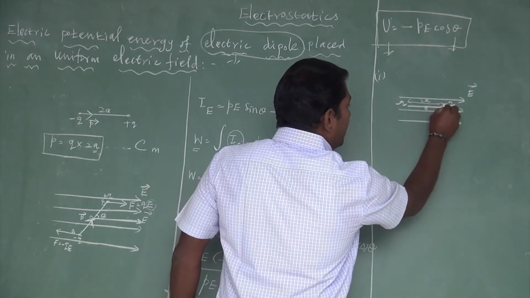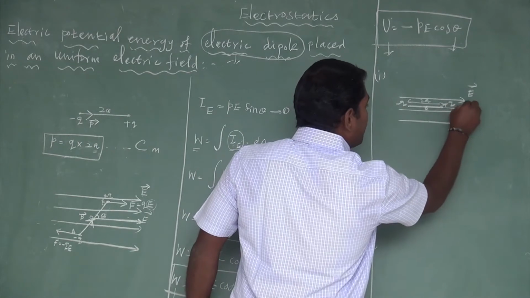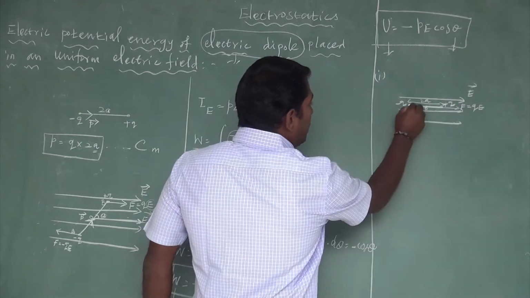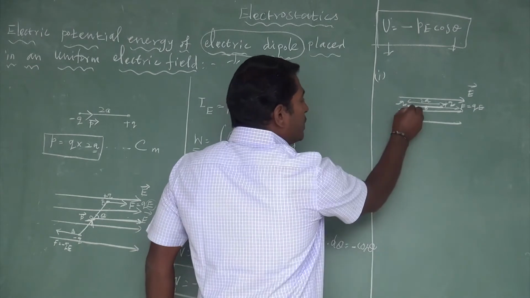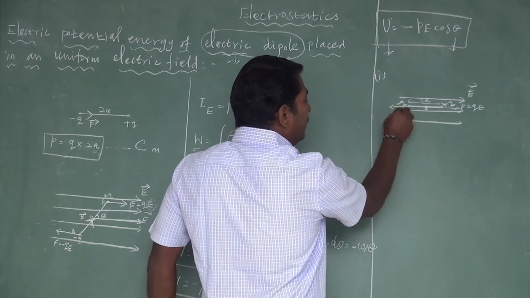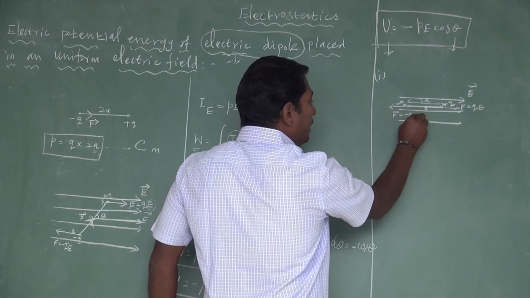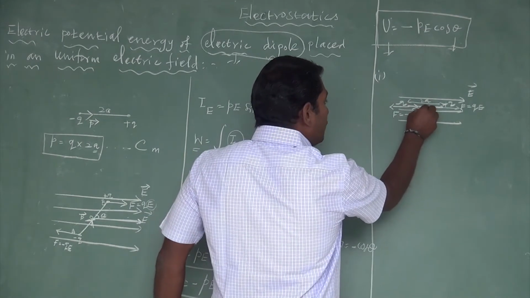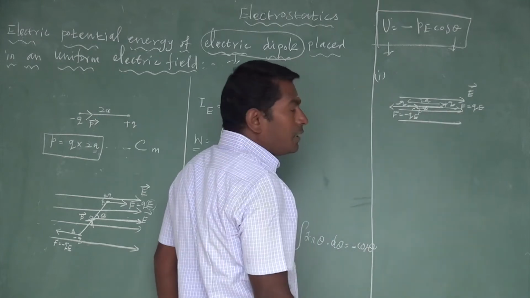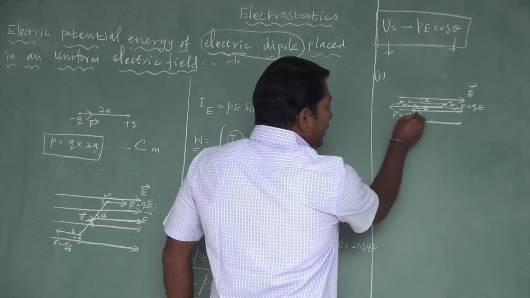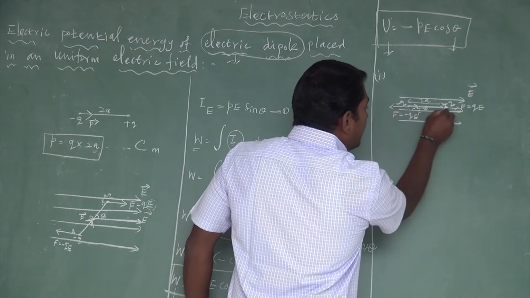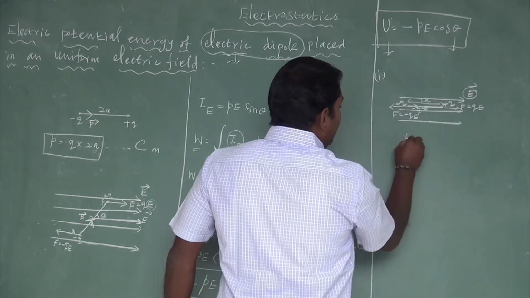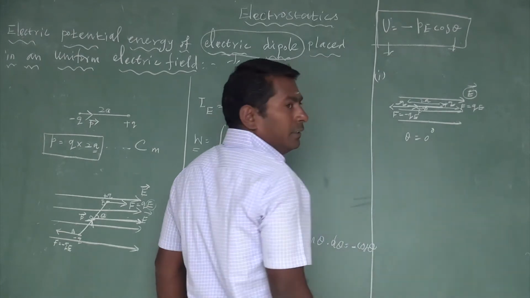The positive charge experiences an electric force along the direction of the electric field, F is equal to qE. The negative charge experiences an electric force opposite to the direction of the electric field, F is equal to minus qE. The direction of the electric dipole moment acts from minus q charge to plus q charge. Here the angle between the direction of the electric dipole moment and the direction of the electric field, theta, is equal to 0 degree.